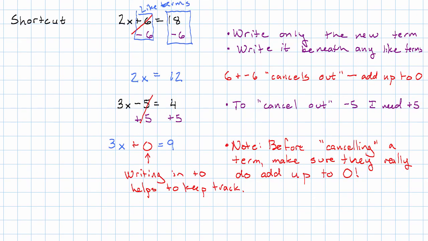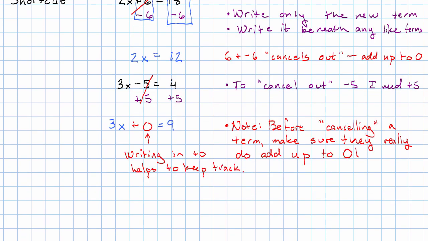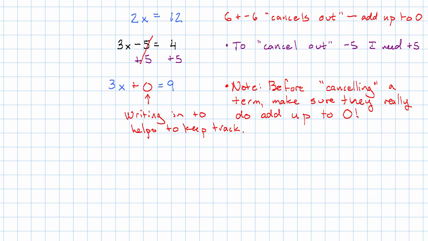Okay, let's do one more, because there's a slightly odd move that we're going to want to make. Let's say we started with the equation 4x plus 5 equals 7. But for some reason, and there will be reasons that we want to do this later, we decided that we wanted to add negative 4x on both sides. So our new term is going to be negative 4x.